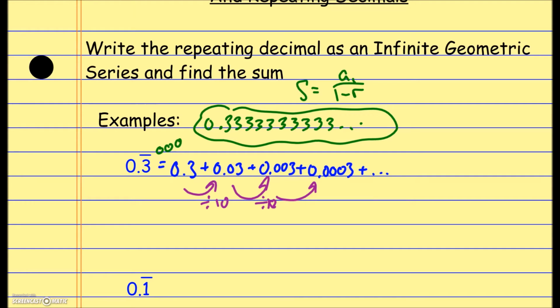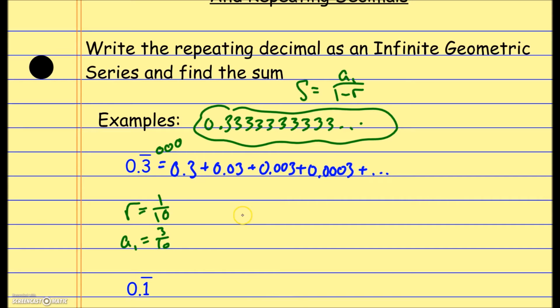It means we're multiplying by 1/10, so the r value here is 1/10. The r value falls between -1 and +1, so I can find the sum. I just need a sub 1, the first term, which is 0.3, but we want it as a fraction instead. That's 3/10.